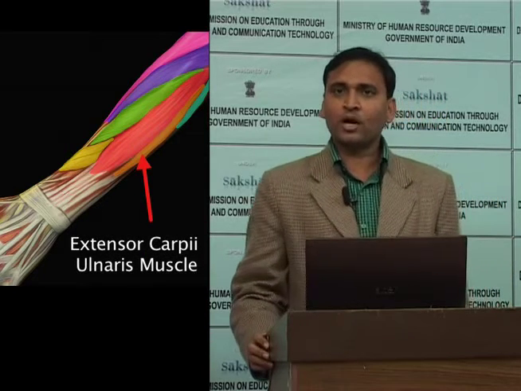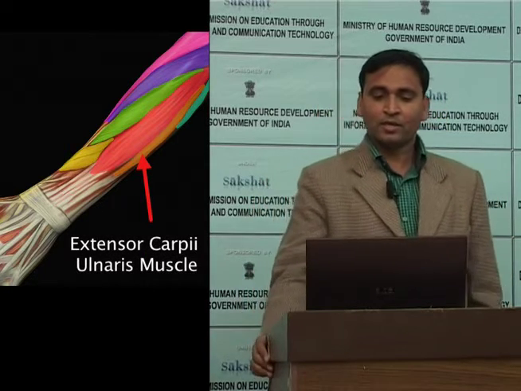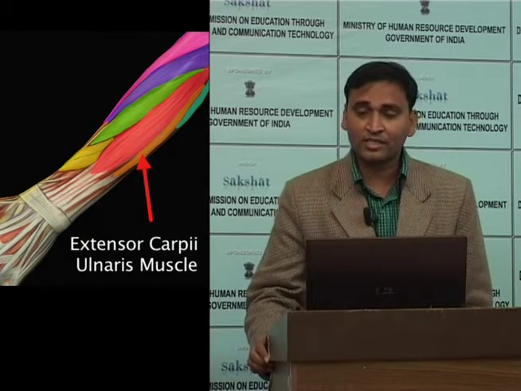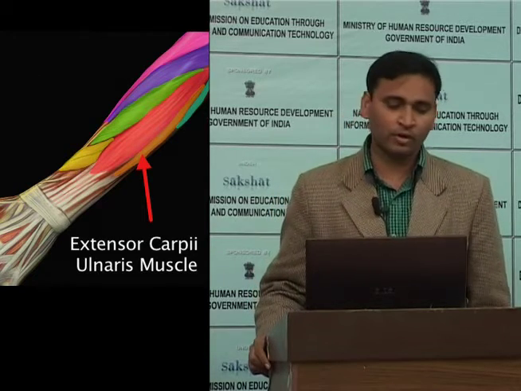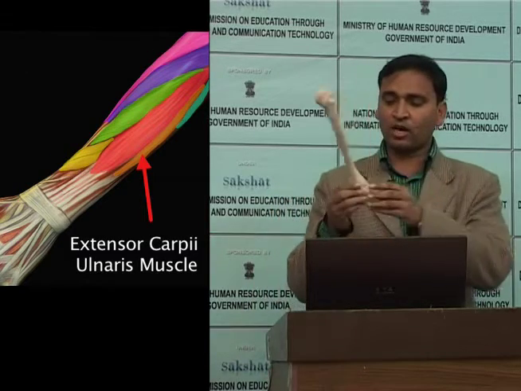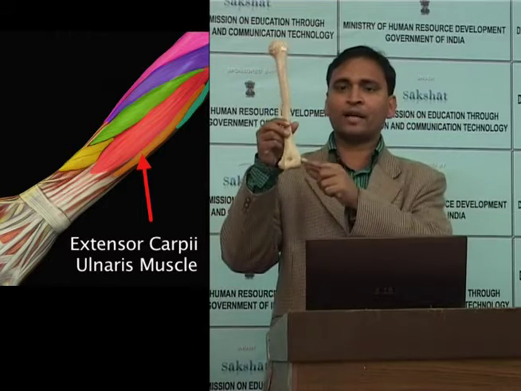What is the origin of extensor carpi ulnaris? It arises from the posterior surface of the lateral epicondyle. This is the lateral epicondyle.